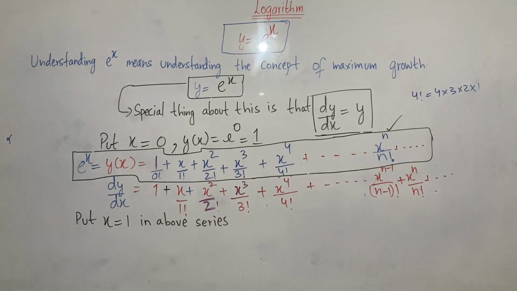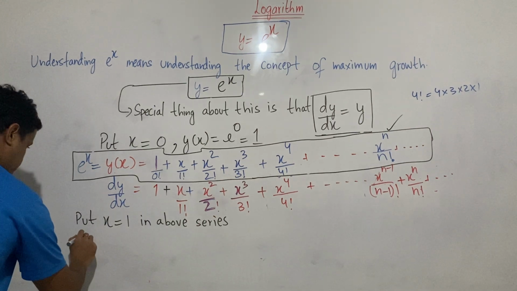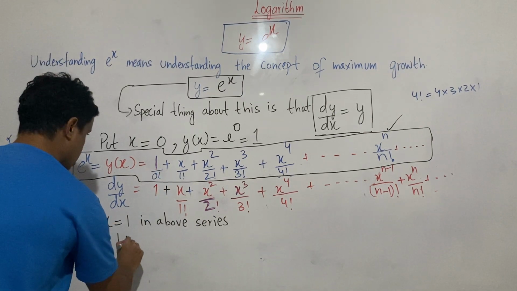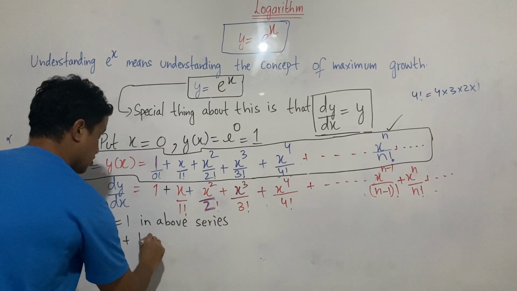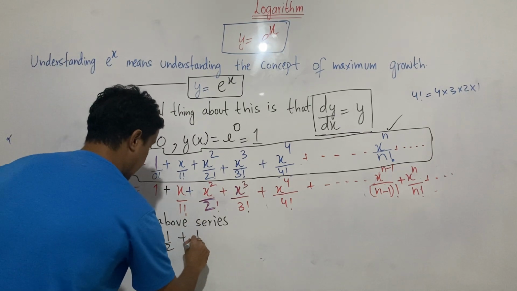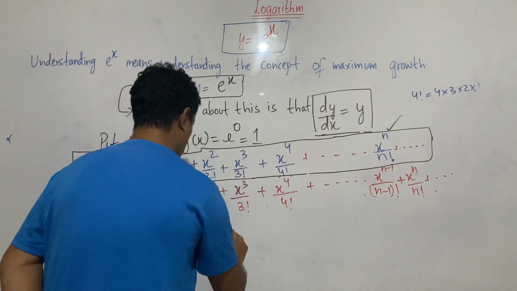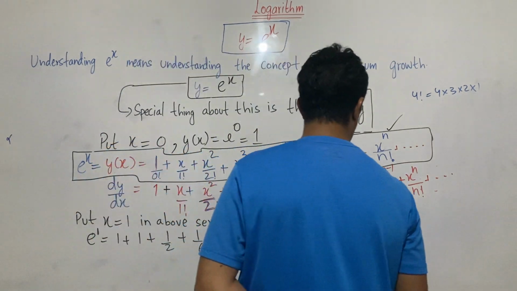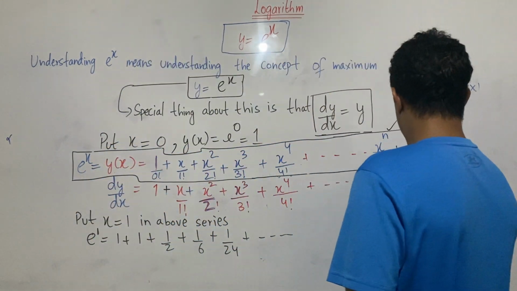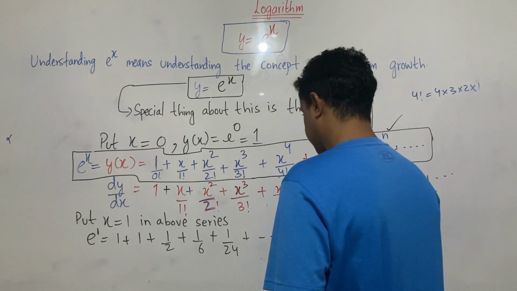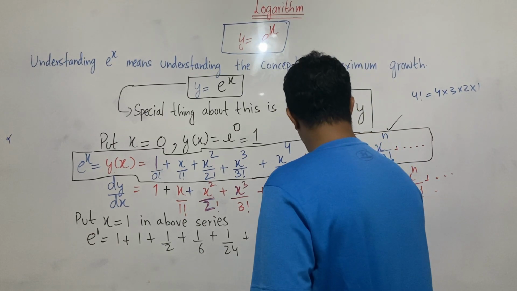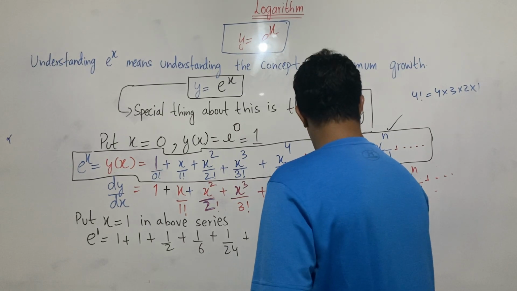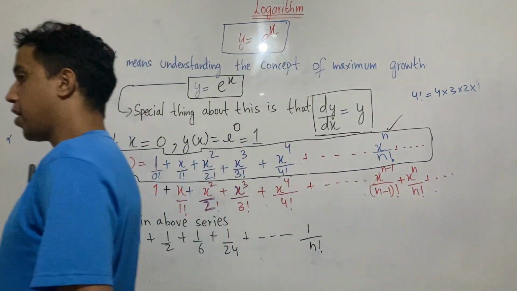Then your e^1 is going to be 1 plus 1 plus 1 by 2 plus 1 by 6 plus 1 by 24 plus so on up to, up to what? 1 by n factorial, right? 1 by n factorial.